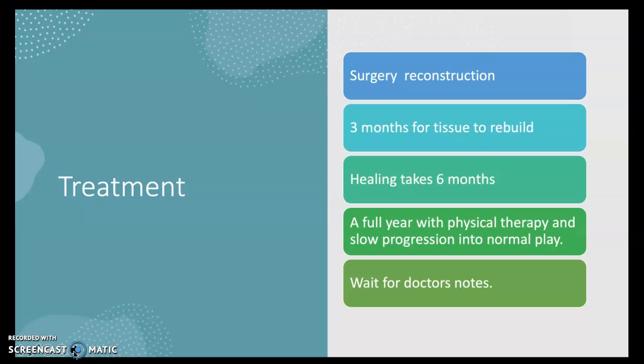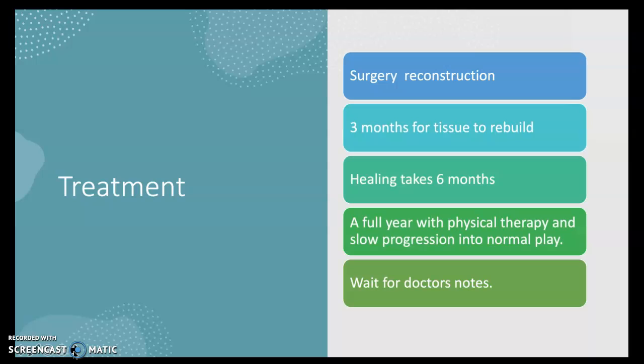For the treatment, you have reconstructive surgery, where you use a part of your hamstring tendon to create a reconstruction, and that will take about 3 months for the tissue and the ligament to actually heal and replace itself and act as an ACL.